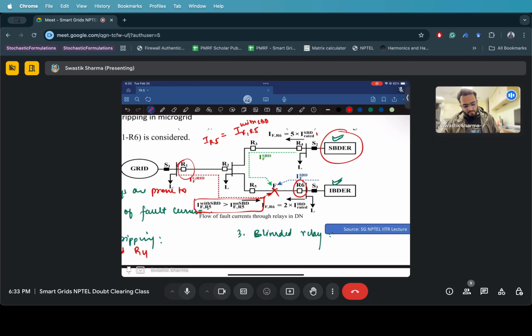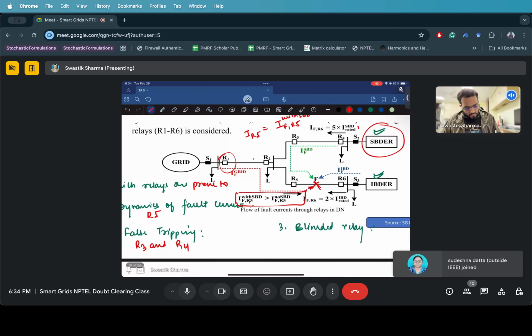Let's say some fault occurred here. Even if this fault occurred at this side, R1 is here, and this R6 will supply the same fault current. Let's say it is not set to experience this level of fault current; it will be blinded by any fault that is happening over here, and it will continue to supply the same fault current.